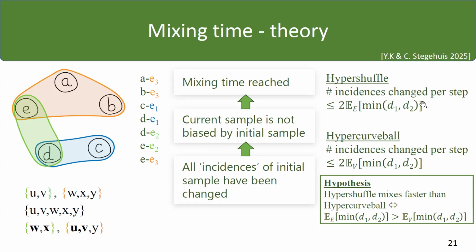And so this is the maximum number of incidences that you can change per step. And now from here, there's no theory, but there's intuition that maybe the algorithm which can change the most incidences per step is also the algorithm that can mix the fastest. So that's how we came up with the hypothesis here, which we then experimentally verified. I hope that explains it a bit better.